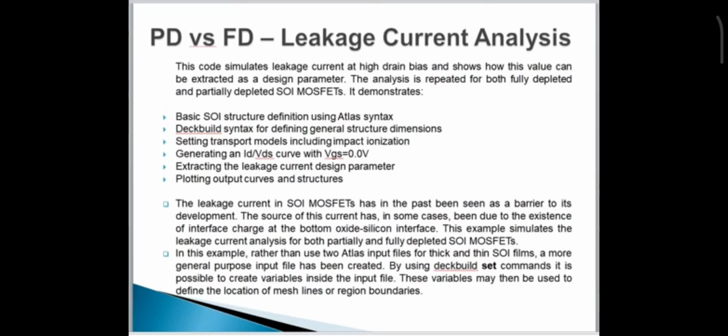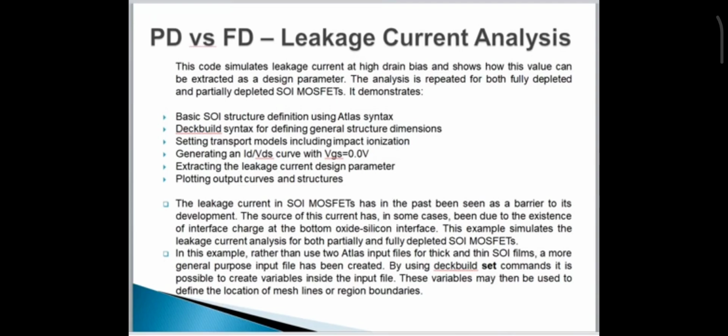It demonstrates basic SOI structure definition using Atlas syntax, deck-build syntax for defining general structure dimensions, setting transport model including impact ionization, generating an ID versus VDS curve with VGS 0 volt, extracting the leakage current design parameter, plotting the output curves and the structure.